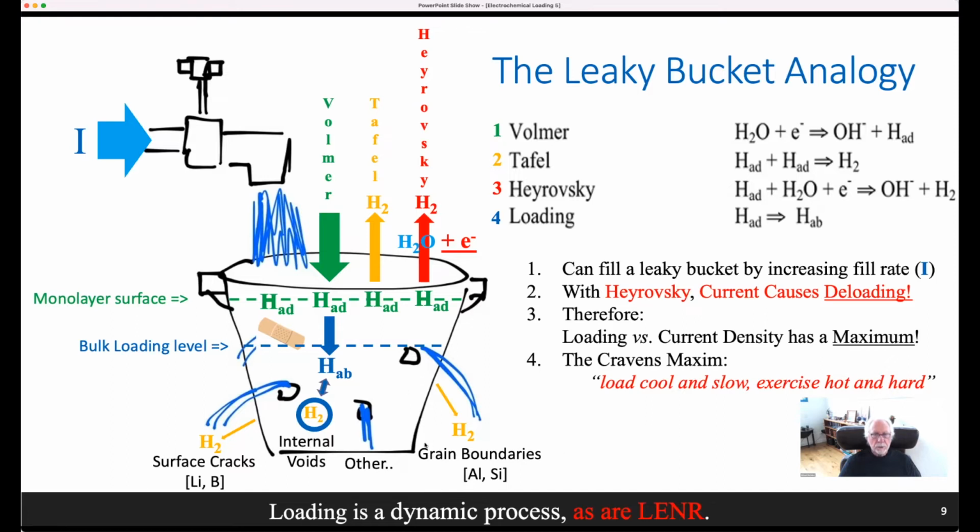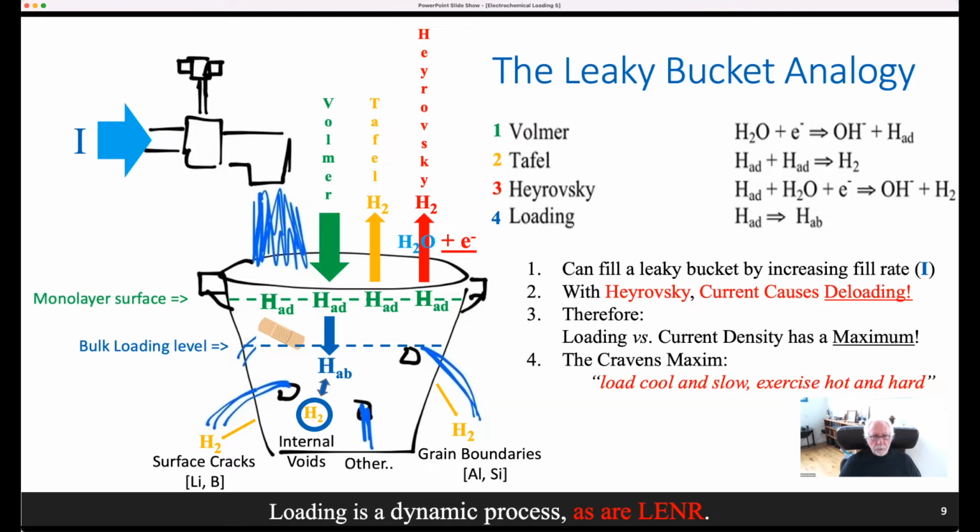We've been able to accommodate that problem by coating the ends of grain boundaries with aluminium or silicon. I found no other way to stop down grain boundaries. It's also surface cracks. If the void fills up with a high pressure of hydrogen, there's a possibility that the lattice will crack, that the crack will propagate to the surface, and the hydrogen will spill out through the crack.